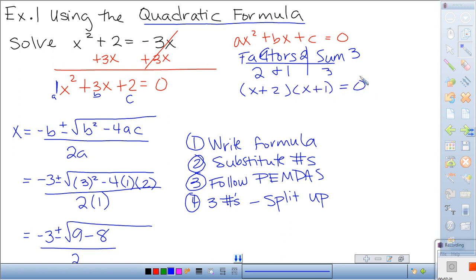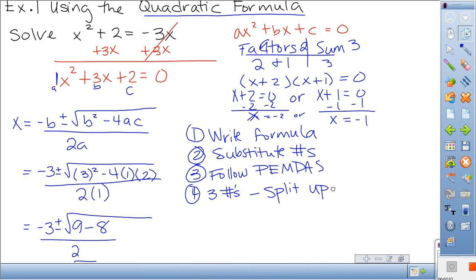And then you have to solve. And that's where we split it up. x plus 2 equals 0, or x plus 1 equals 0. Subtract 2, minus 2, x equals negative 2. Or minus 1, minus 1, x equals negative 1. And that's the exact same thing that we got down here.